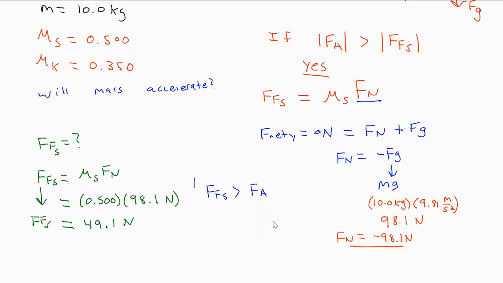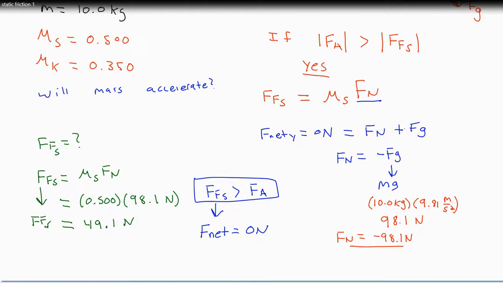Because friction cannot cause motion, this object will not move. And the net force on the object will be 0 newtons.